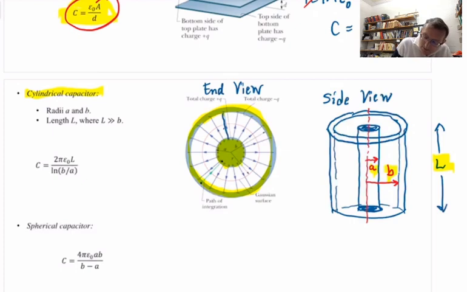Nice and uniform. I'll draw some of them. And we use Gauss's law to get a formula for the electric field in that inner region. I'm going to just write down what that formula is.